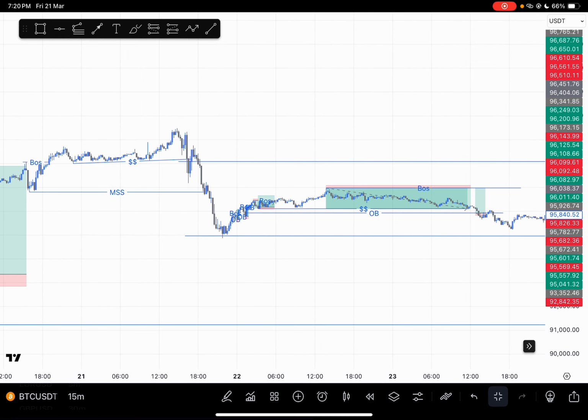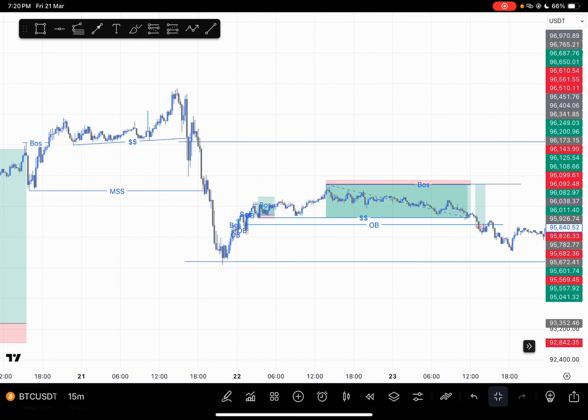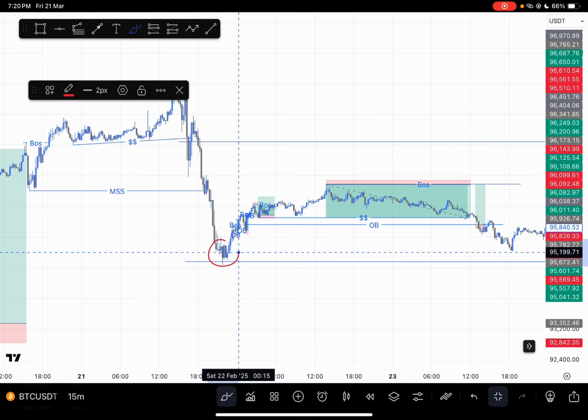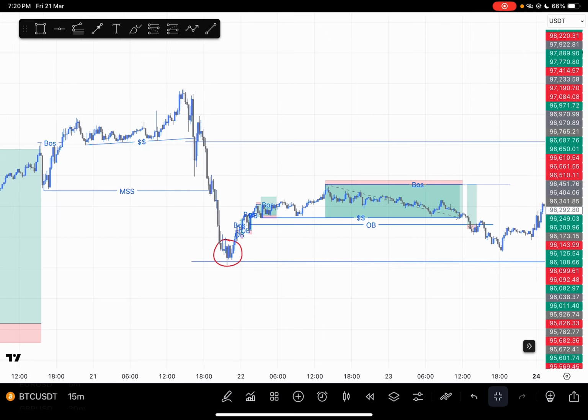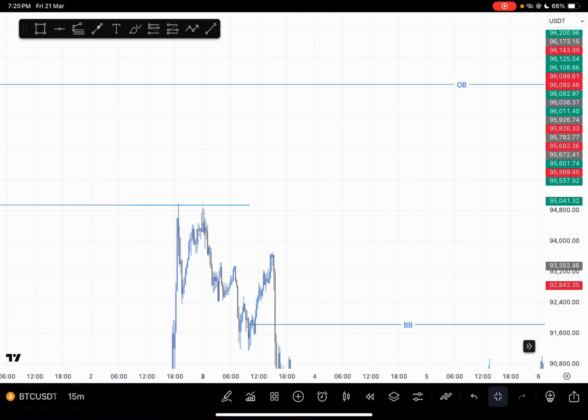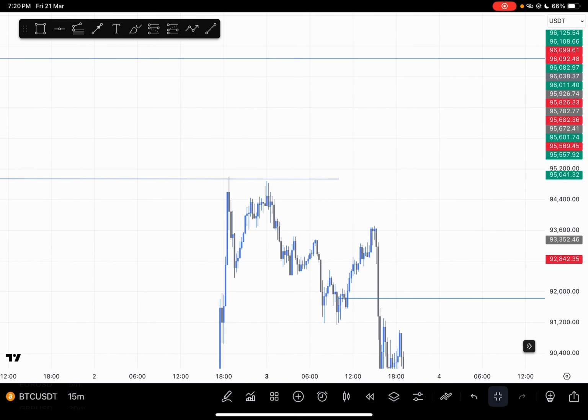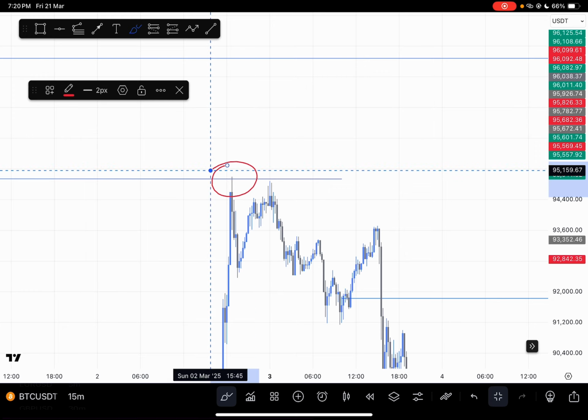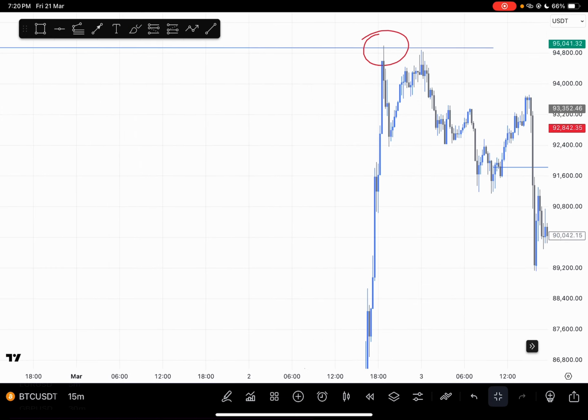Okay, from 5 minutes, this is the breaker block. If you trace that back to this point, you see price mitigated it from this point as a breaker.